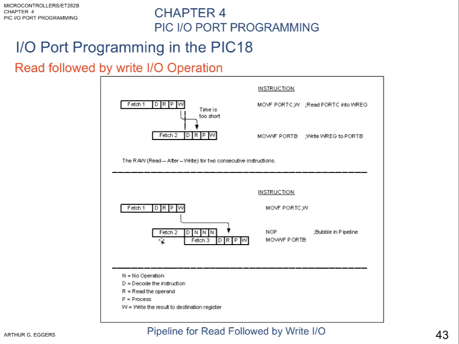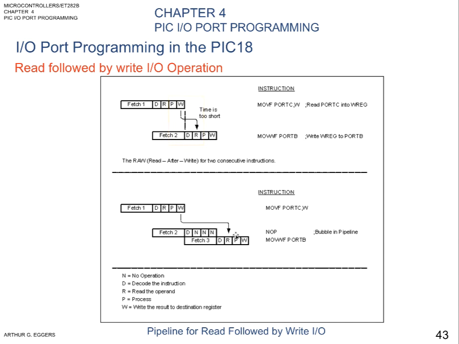So if we take a look at the figure here, we can see what's going on in those sets of instructions as we look at what's going on in each of the registers with each of the commands. You can see in the first one here, they're showing you that there's too short of a time period to accurately know whether or not the information that was moved was the correct information, and it ends up becoming a timing problem.